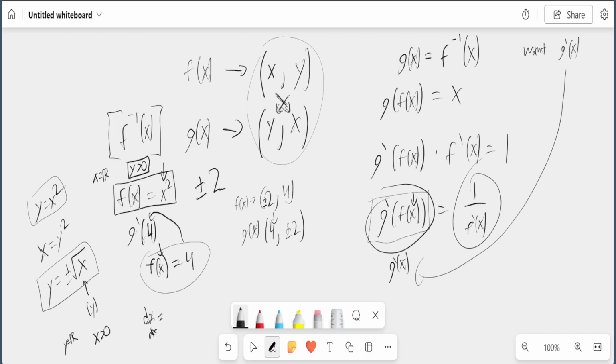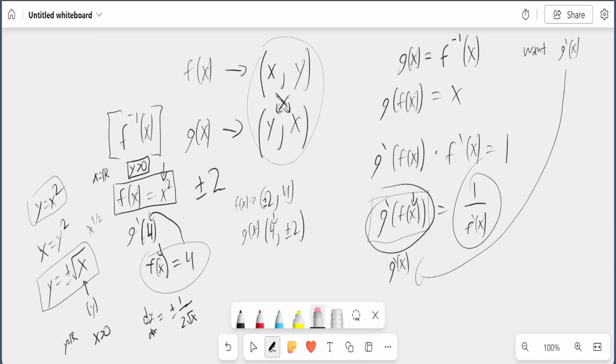So it's x to the 1/2, so it's plus or minus 1 over 2 root x, right? Because we get two slopes, because our inverse looks like this. So for every x value, we get two slopes, the plus and the minus.